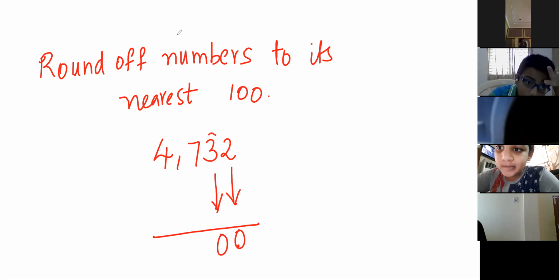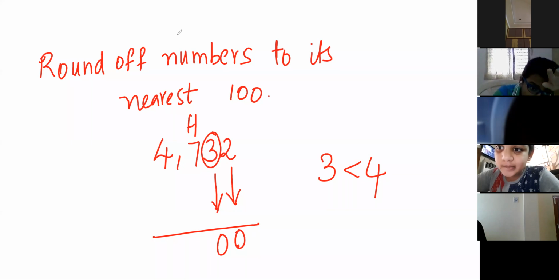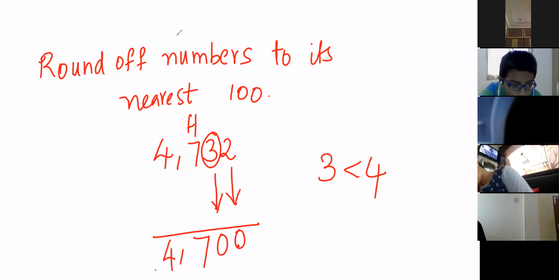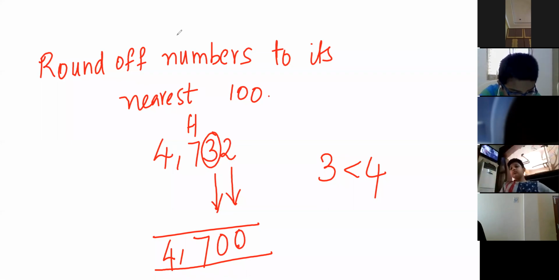Then come back to the tens place number and see whether that 3 is greater than 4 or less than 4. Here 3 is less than 4, right? Then go to the hundreds place digit and don't add anything there. Let it remain unchanged. No changes should be made to it. Simply write down 7 under the hundreds place and the remaining numbers as they are. So it is how much? 4,700. Is it easy or not? Are you all feeling it is easy?